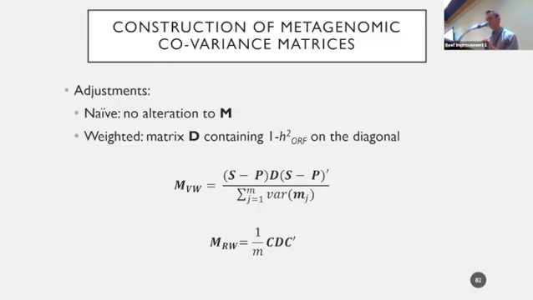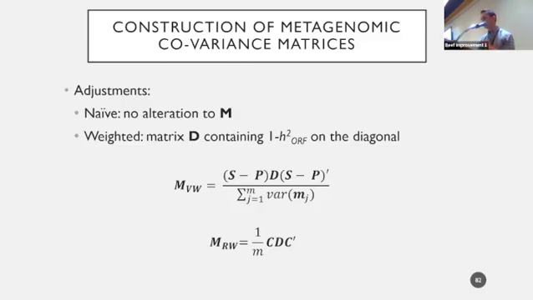So what I have here is an example for the weighted microbial relationship matrix. So this M sub VW is following the first method of VanRaden. S is just a matrix of rows of animals. The columns are the ORF, those microbial features. P, we're just centering it. So P has the mean relative abundances.